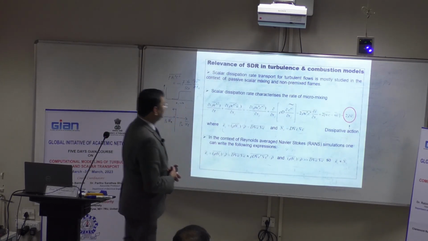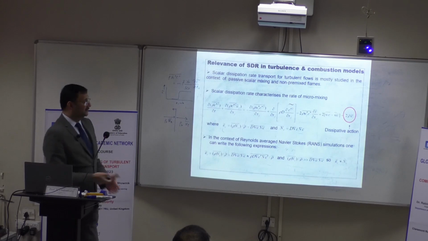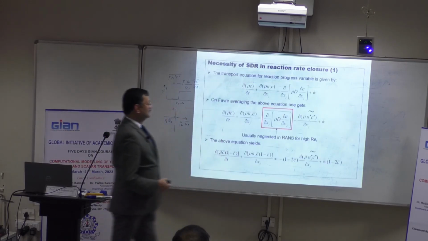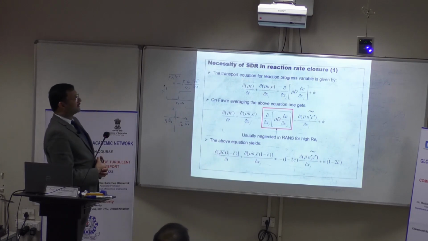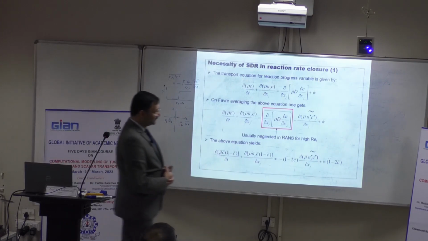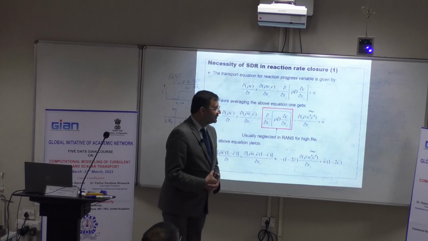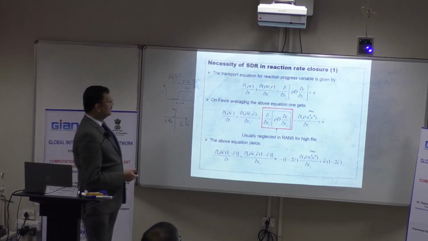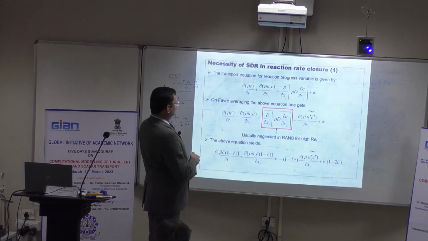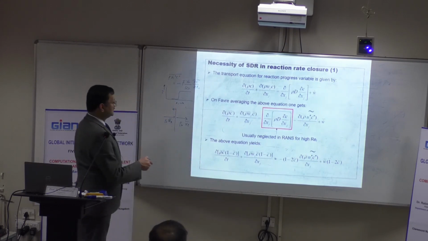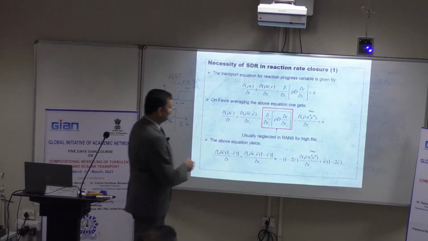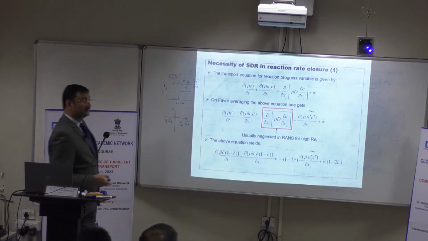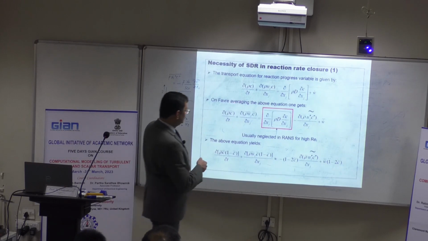We talked about this, so I'm going to skip this one. This is essentially the dissipative action. So, how the reaction rate is related to scalar dissipation rate. On averaging, you get this. Let me clarify this sentence.